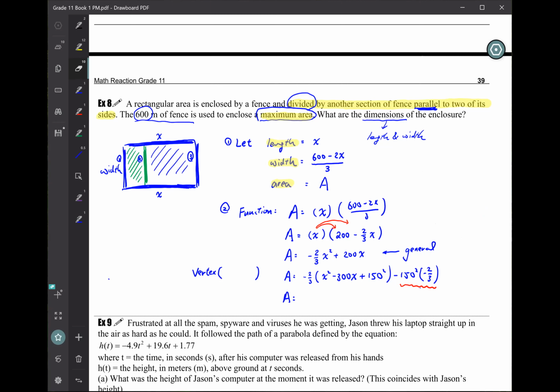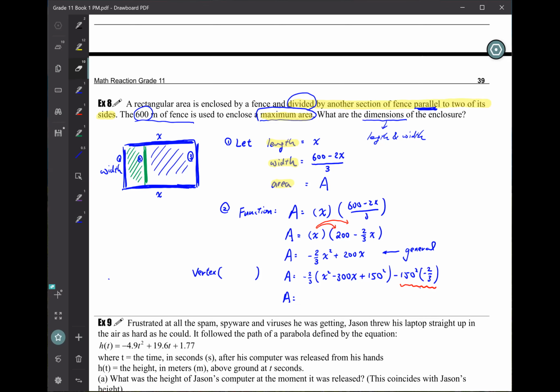Have you guys got the vertex yet? Please raise your hand. Do not worry if you're not sure if it's 100% correct, okay?